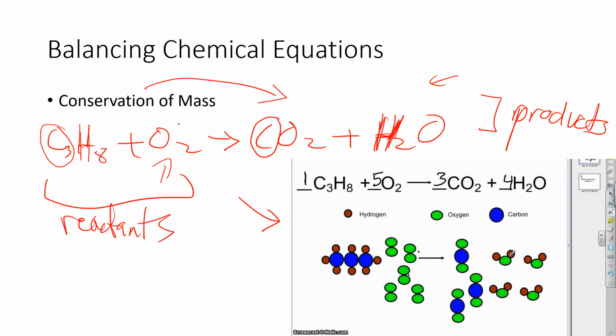So where did that extra oxygen come from? Where did the 2 extra carbons go? How come we lost 2 carbons when this reaction happened? Or, what about the hydrogens? We have 8 hydrogens on this molecule, and then only 2 hydrogens in water. Because this doesn't follow the conservation of mass.